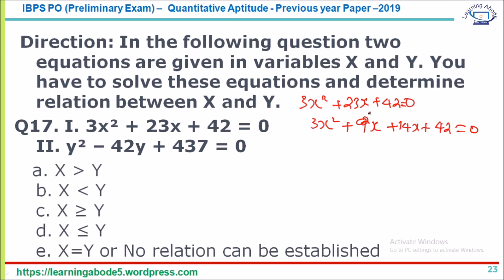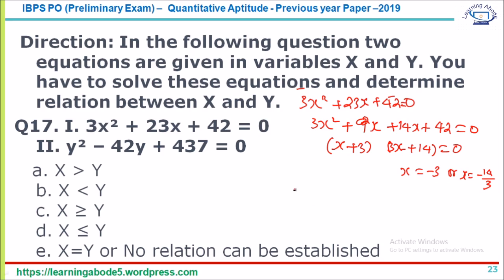That is 42 into 3 is 126, and 9 into 14 is 126, so that way I'm splitting. If you simplify this, you will get (x plus 3) into (3x plus 14) equal to 0. So you will get x is equal to minus 3 or x equal to minus 14 by 3. So these are the two options.